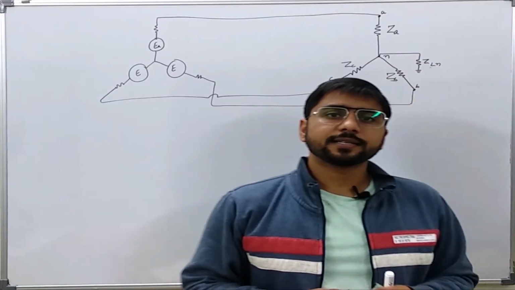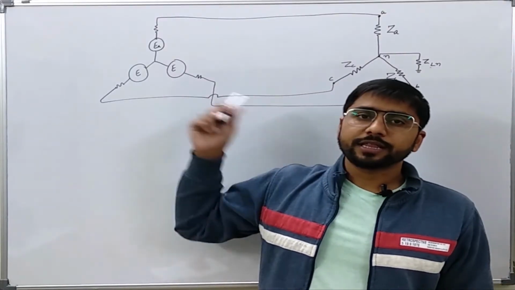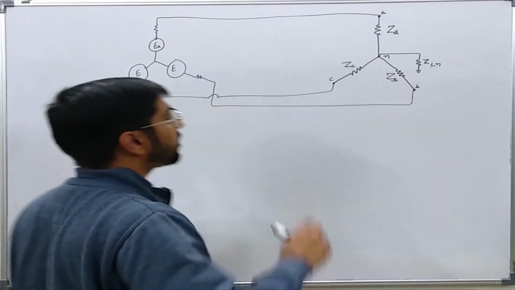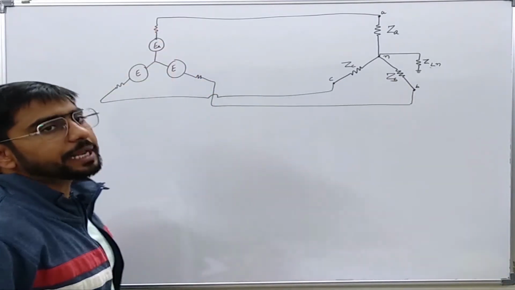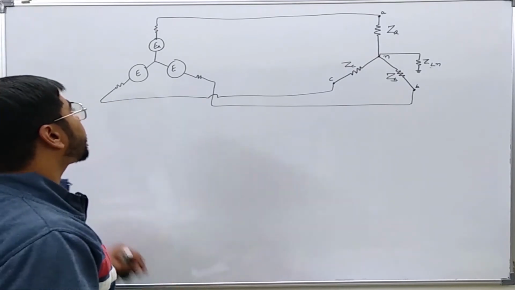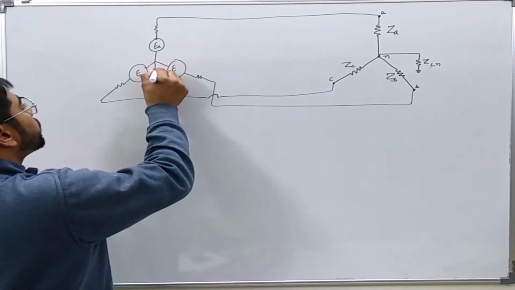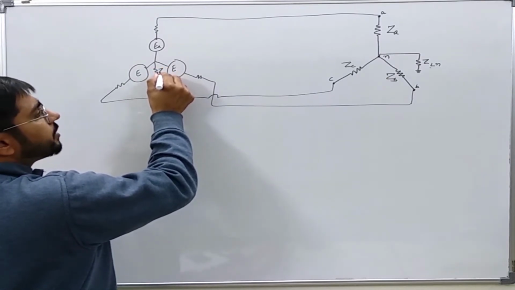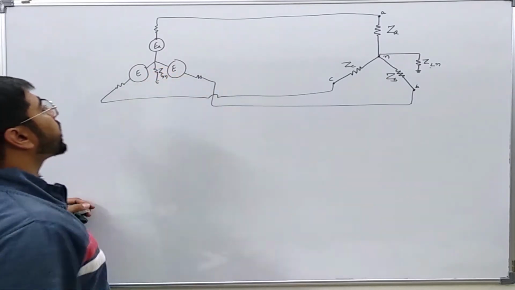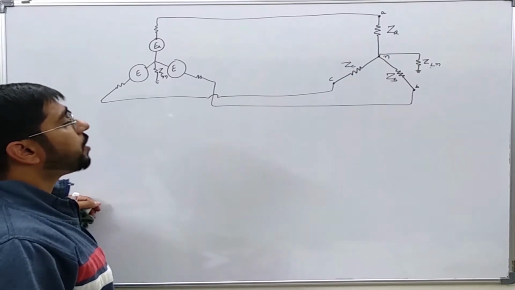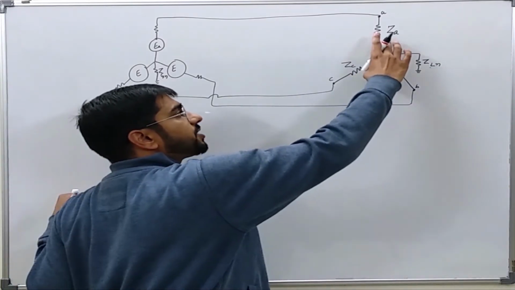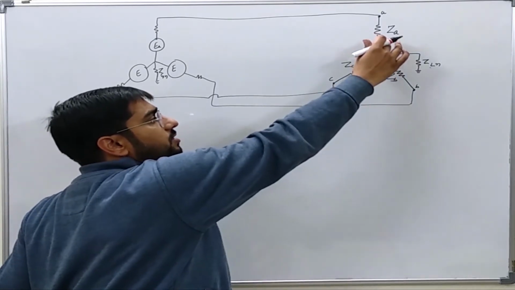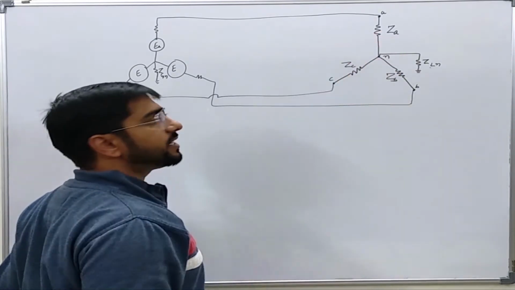Now let us analyze the scenario given in this figure. Here I have shown a 3-phase synchronous generator which is generating balanced voltages. Let us say it is grounded through some impedance ZGN. Now here is a load, a star connected load which is unbalanced, that is ZA is not equal to ZB is not equal to ZC.